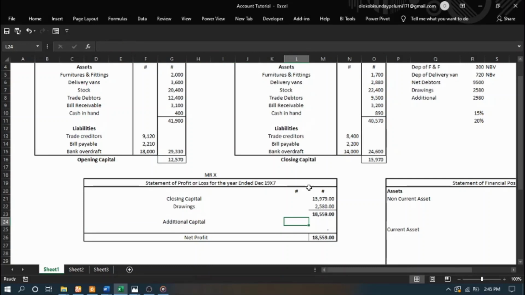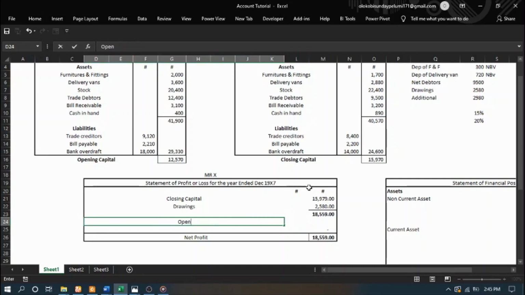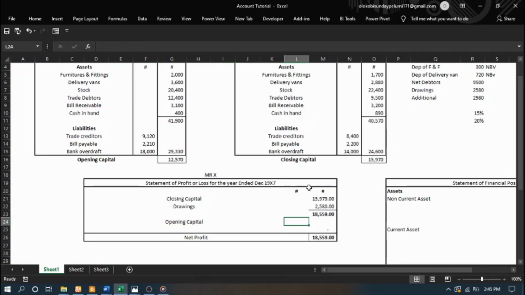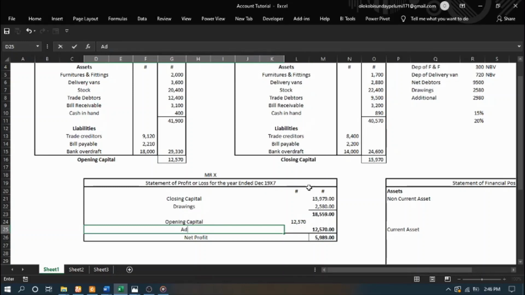Let me say opening capital. The opening capital is 12,570, and then additional capital. So what is additional capital? 2,980.